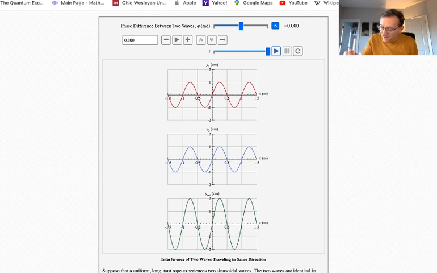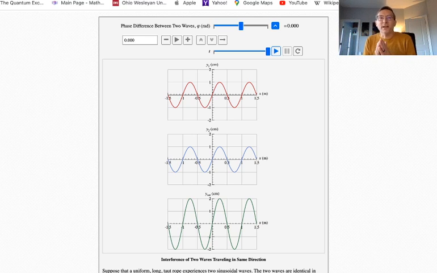Now let me point out something. It's not just phi equals 0 that will give me fully constructive interference. It's any value of phi such that phi over 2 makes the cosine a maximum, either +1 or -1, because we take the absolute value.